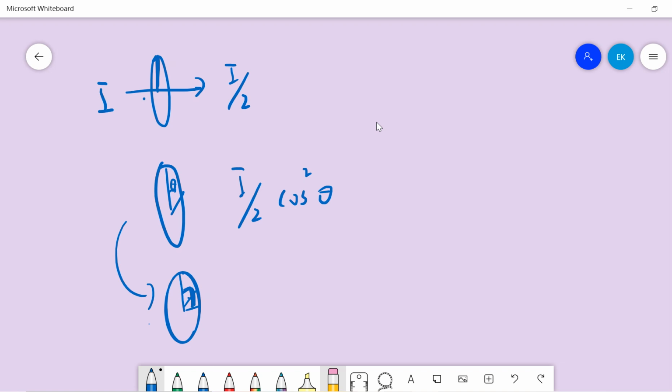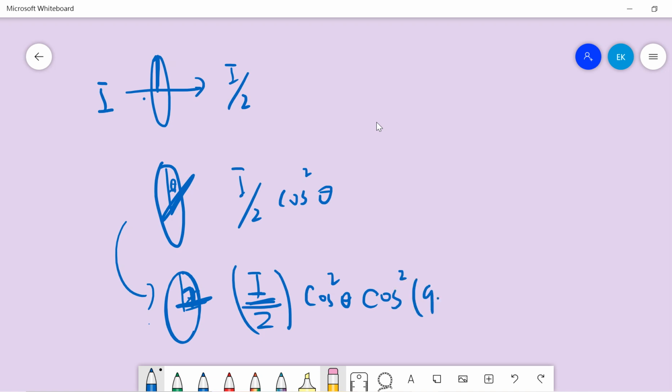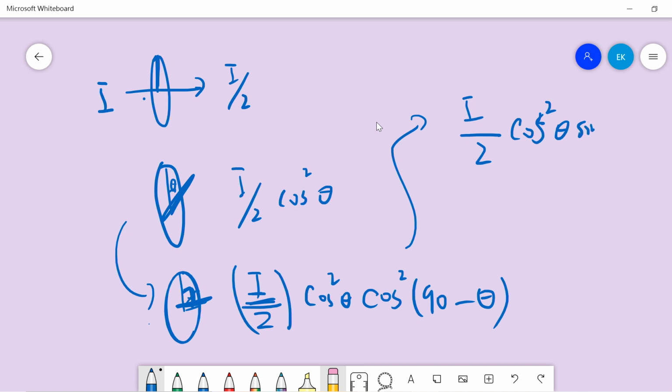So after passing the third one, or the original second one, then we should have this, because now the angle between this one and the 90 degrees is 90 minus theta. So your total intensity is I over 2 times cosine theta squared and sine theta squared, because cosine of 90 minus theta is sine theta.